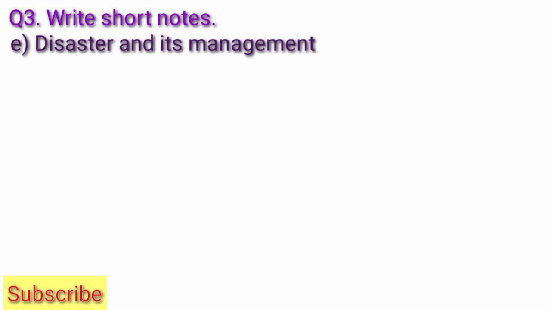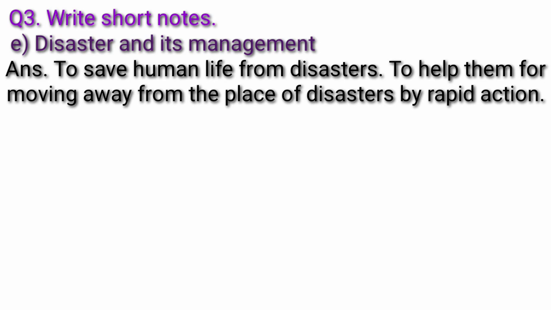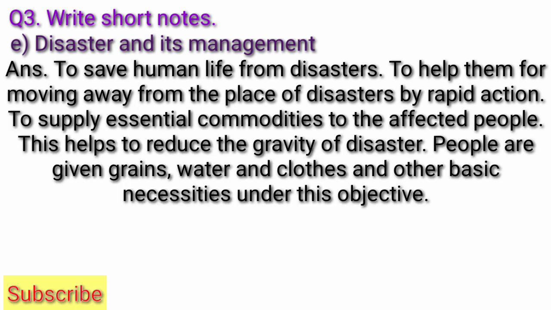Next, disaster and its management. Answer: to save human life from disasters, to help them move away from the place of disasters by rapid action, to supply essential commodities to the affected people. This helps to reduce the gravity of disaster.